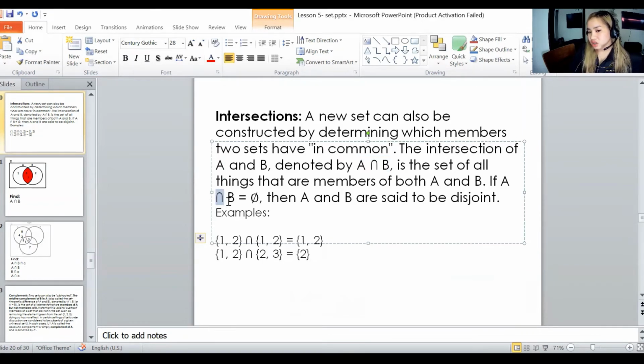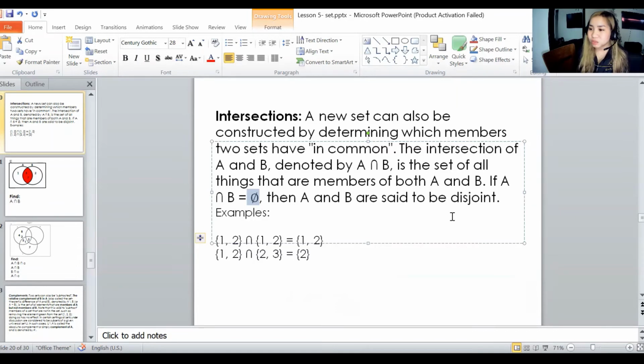If the intersection of A and B is equal to empty set, then A and B are said to be disjoint. Kapag daw po walang sagot or empty yung set kapag pinagsama yung A tsaka B, ibig sabihin hindi nag-i-intersect yung set na yon. Walang intersection.